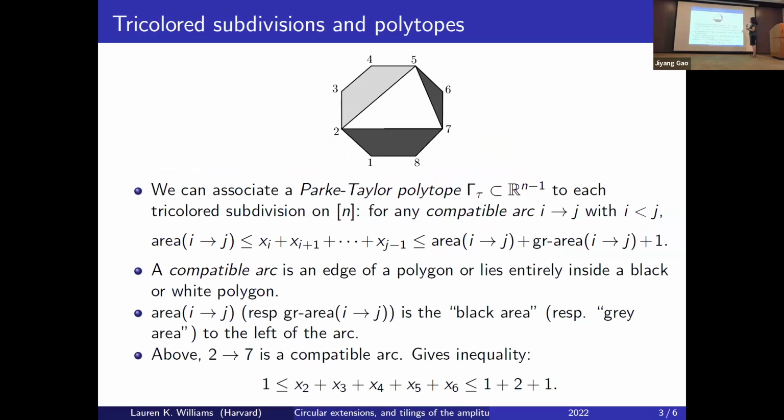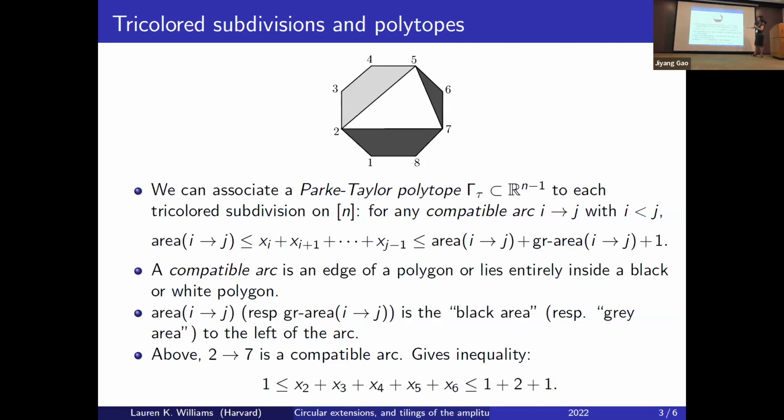The way it works is that for every compatible arc i to j, where a compatible arc is either an edge of one of your polygons or an arc that lies entirely inside a black or white polygon, we will associate an inequality. The inequality looks like this: a sum of consecutive x's, x_i through x_{j-1}, and we give a lower bound and an upper bound to that sum of x's.